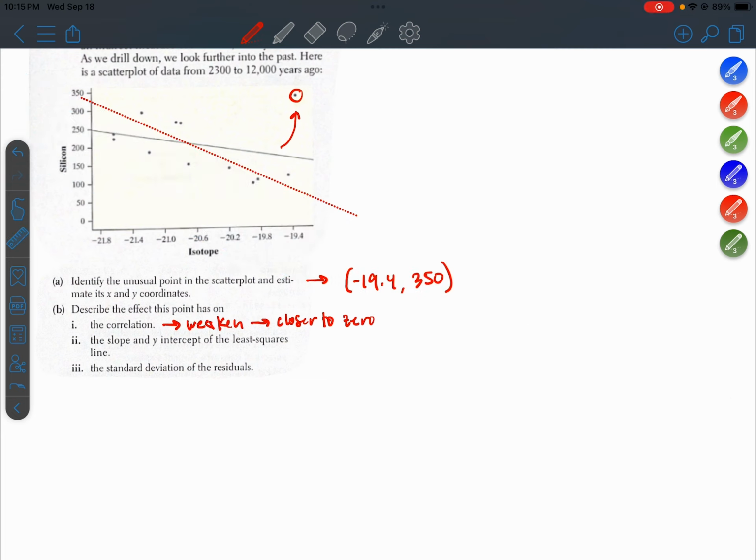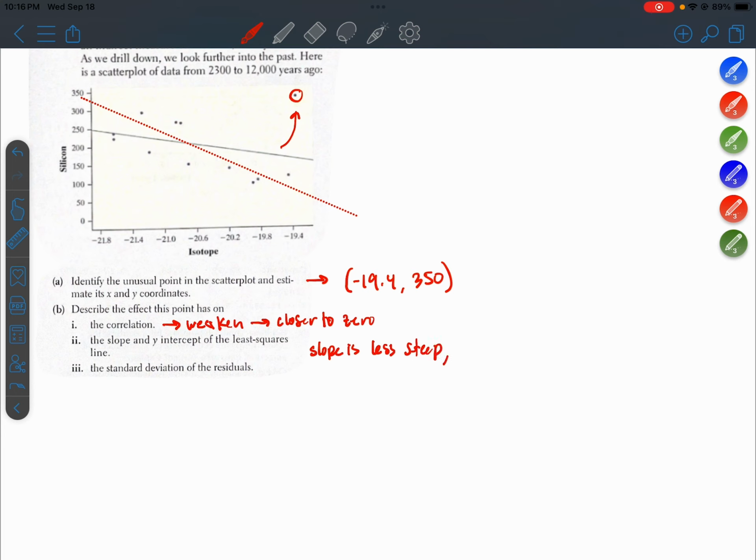But the influence of that point has a lot of gravity, and it pulls the line toward it, it tilts the line in its direction. So it's causing the slope to be less steep. The slope is less steep because of that point.